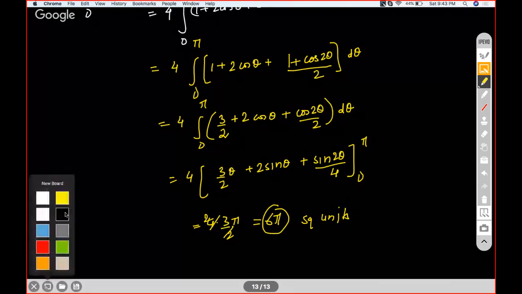Find the area enclosed by the 4-leafed rose r equal to cos 2 theta.